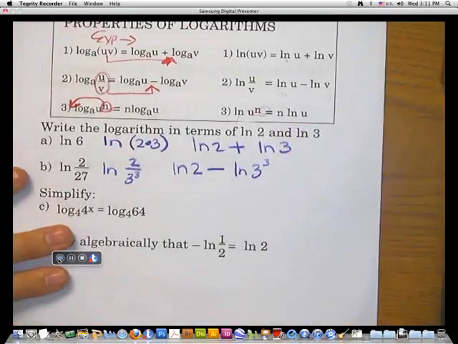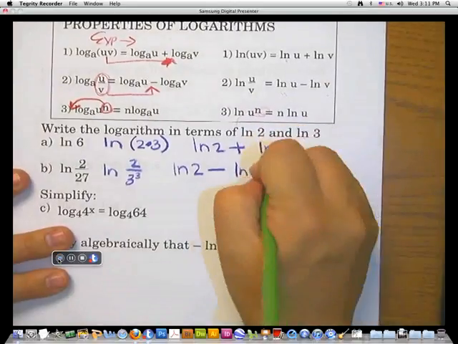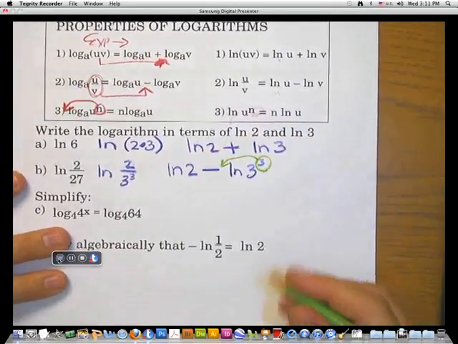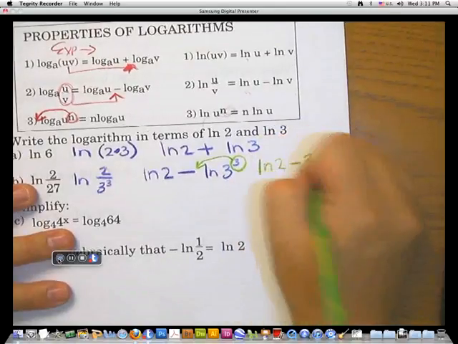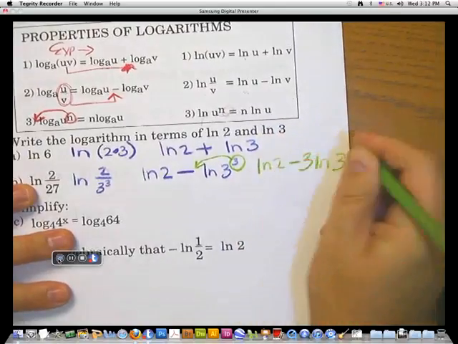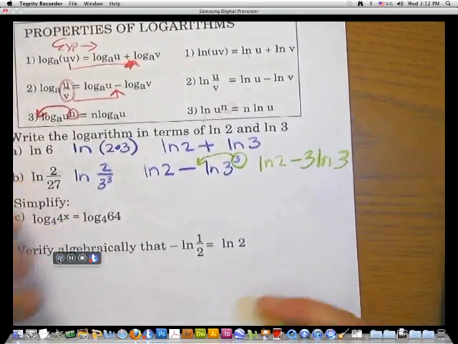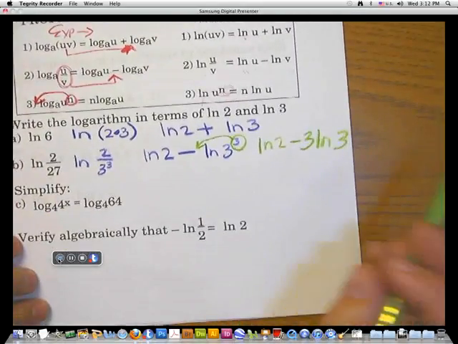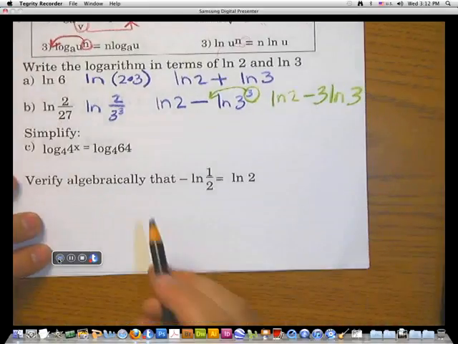But if I have an exponent, I get to move it out front. So natural log of 2 minus 3 natural log of 3. Because the exponents move in front to become a coefficient.